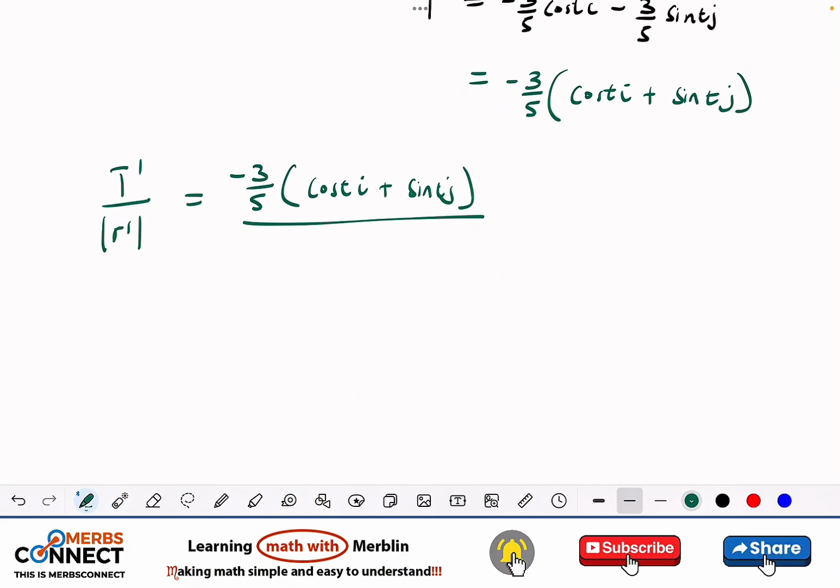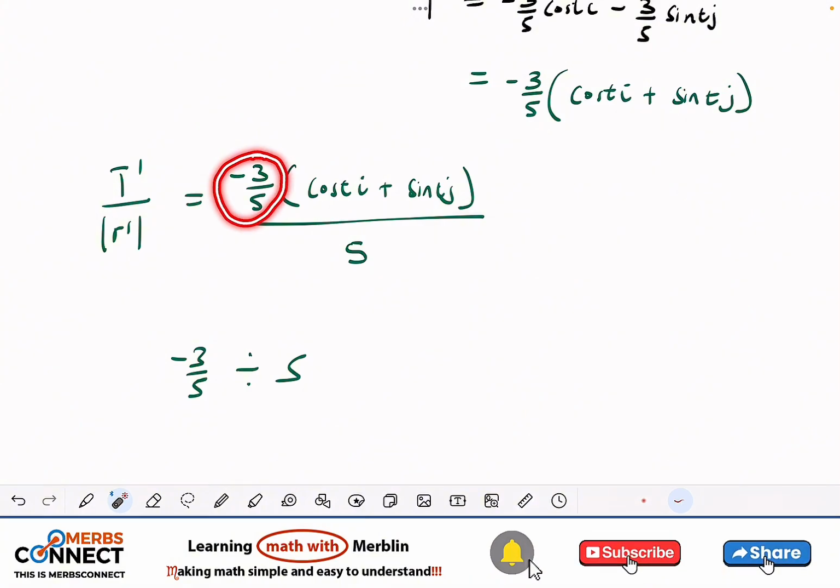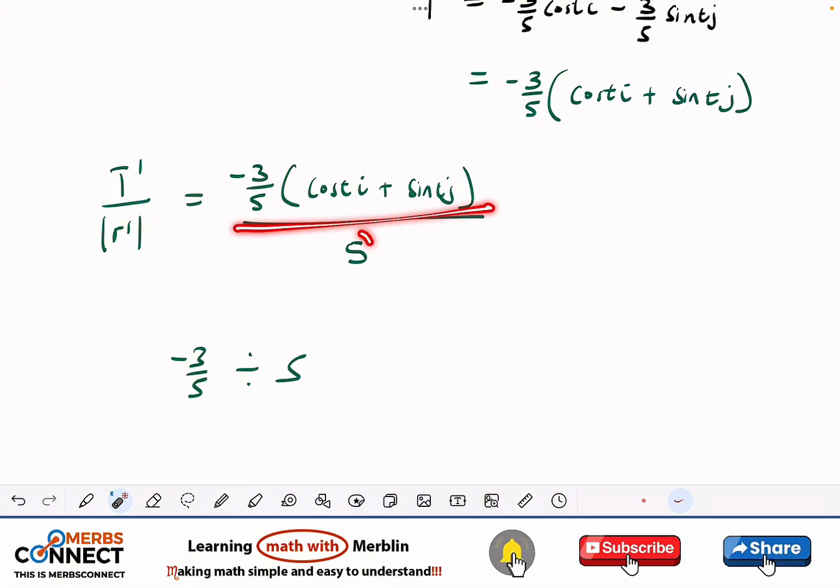So we can see that we have a scalar here and a scalar here. If I have minus 3 divided by 5 divided by 5, this is the same as minus 3 divided by 5 times 1 over 5.